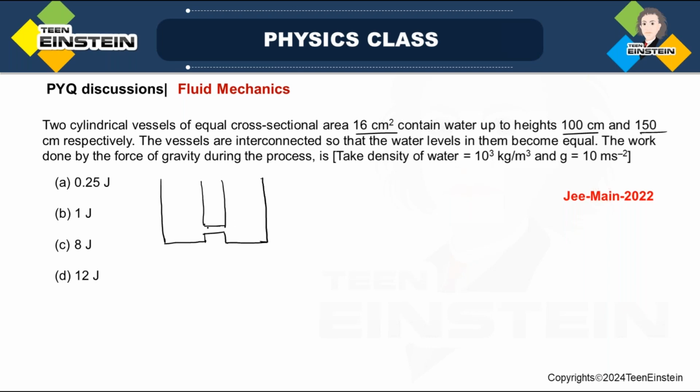Initially, suppose this was closed, and one has liquid up to 150 centimeter. Let me write this as H1, which is 150 centimeter.